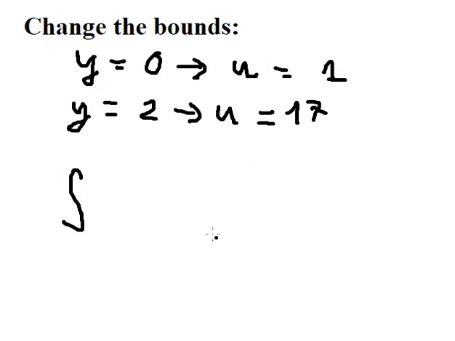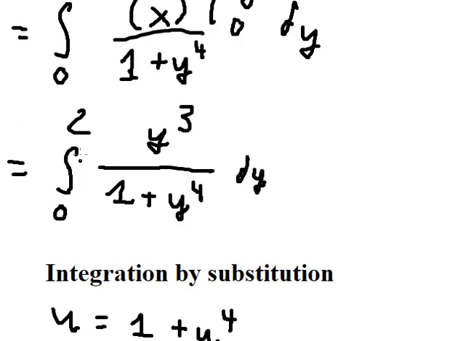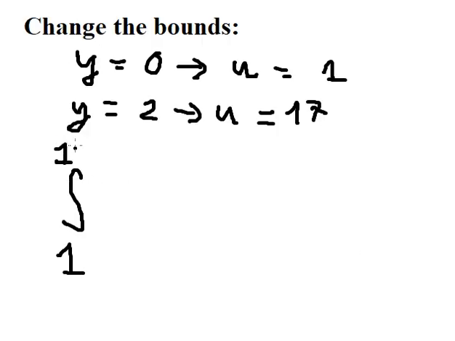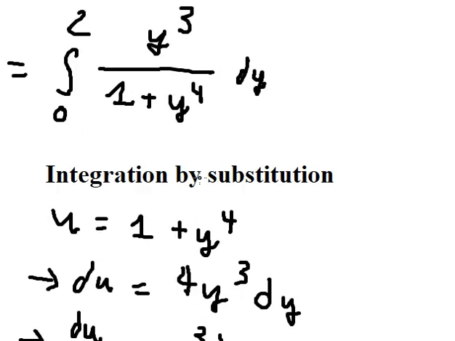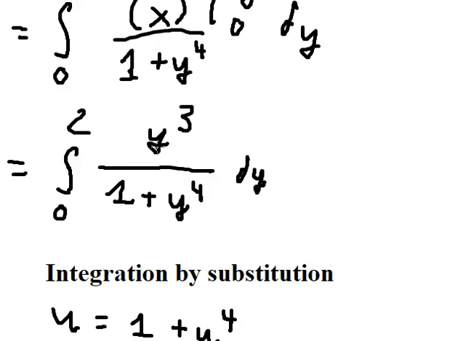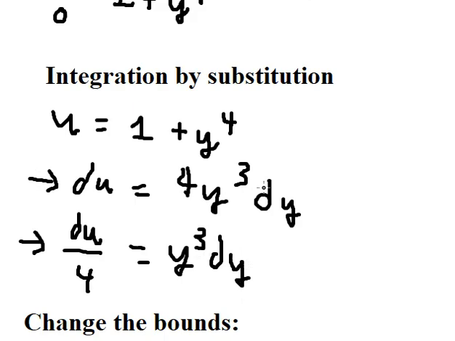Number 0 we change by number 1. Number 2 we change by 17. So this one we change by u. Y to the power of 3 dy we change by this one.